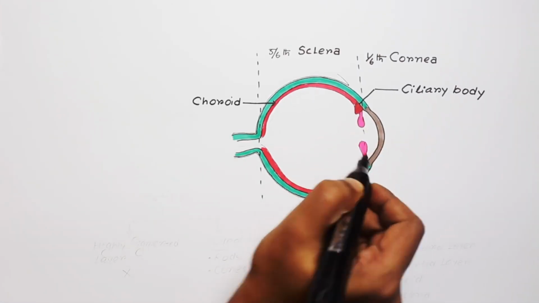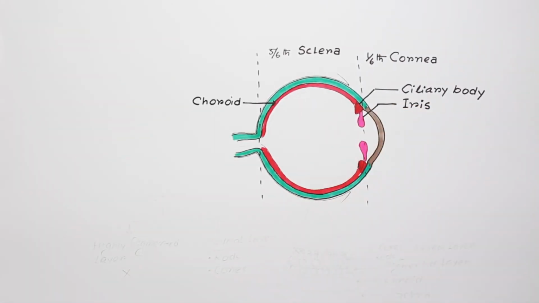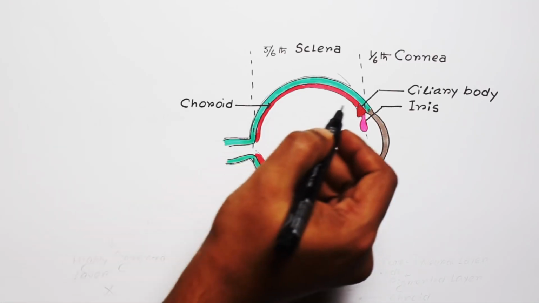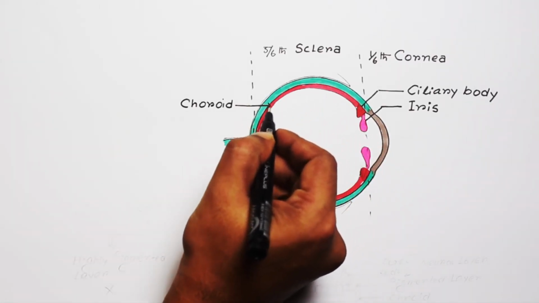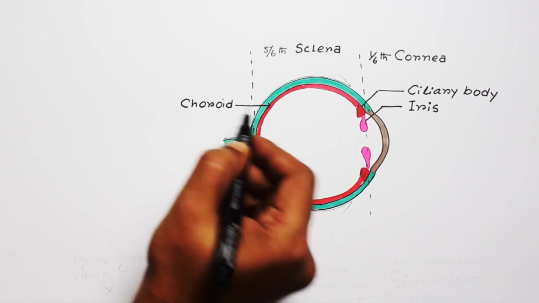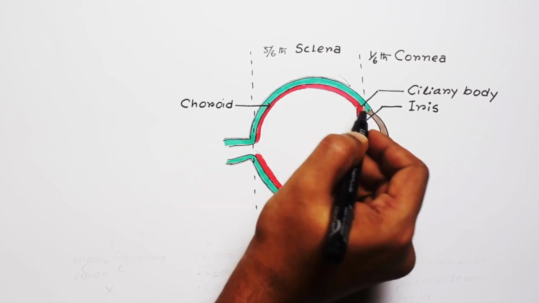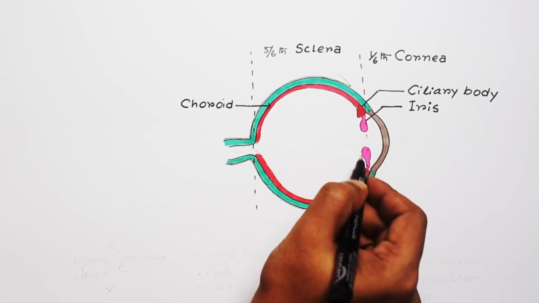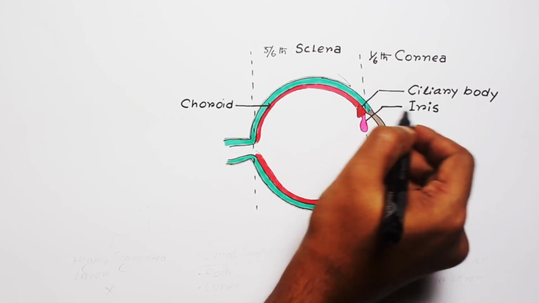And just in the middle of the ciliary body, there is a vascular diaphragm. This is called the iris. So the posterior most part of the middle layer is called the choroid, and the anterior triangle shaped thickened area is called the ciliary body. And in the middle of the ciliary body, there is a vascular diaphragm which is called the iris.